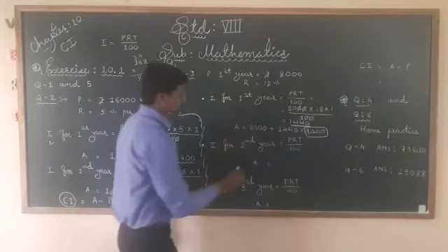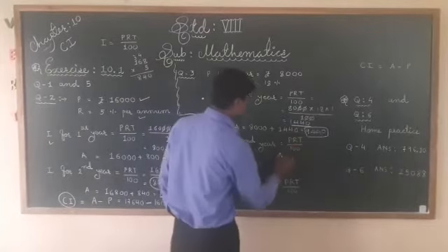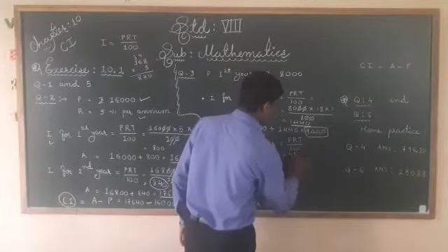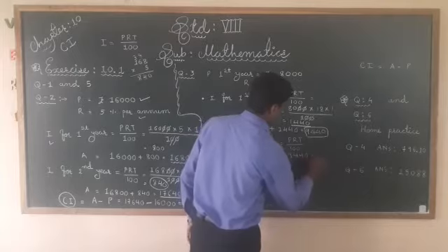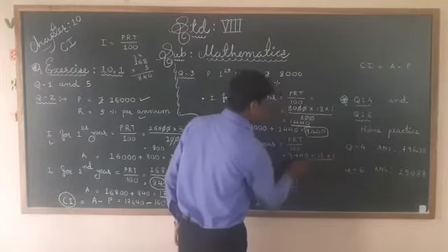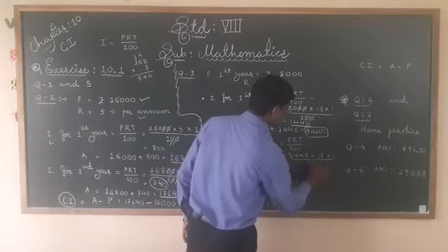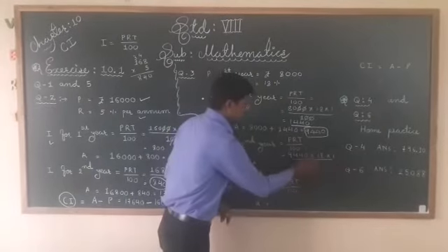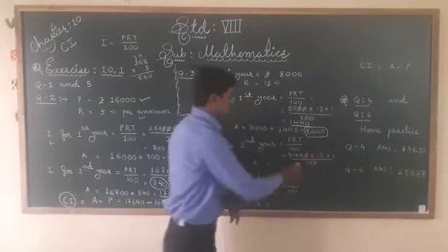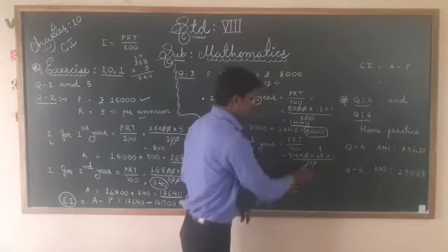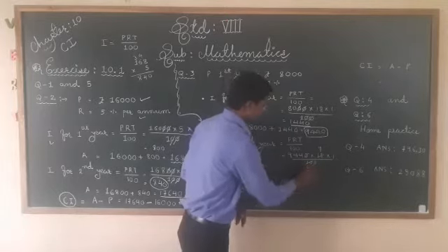Now the second year, PRT upon 100, the same formula we use. Now this value we will utilize: 9,440 multiplied by 18 multiplied by 1 and divided by 100. Okay, so 0 out, 0 out. 9 to the 18 and 5 to the 10.